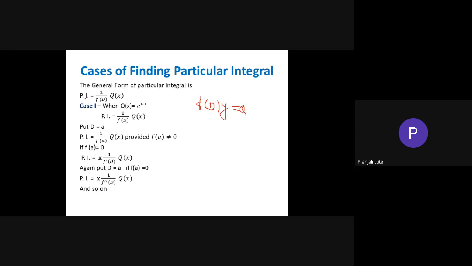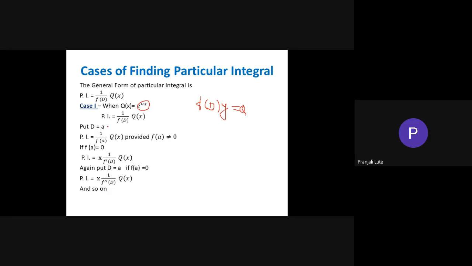So what is the general form of the particular integral? Particular integral is equal to 1 upon f of d into q of x, means the right hand side, which is in terms of x. So the first case is when the right hand side of that differential equation is e to the power ax. e to the power ax means a is a constant, just like e to the power 2x, e to the power 3x, e to the power 4x.